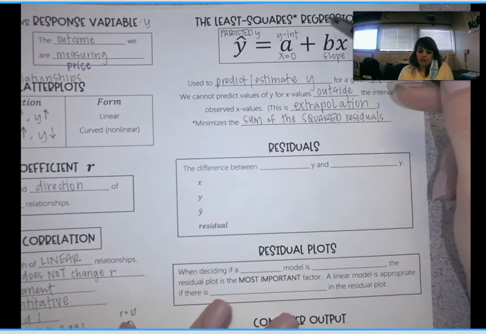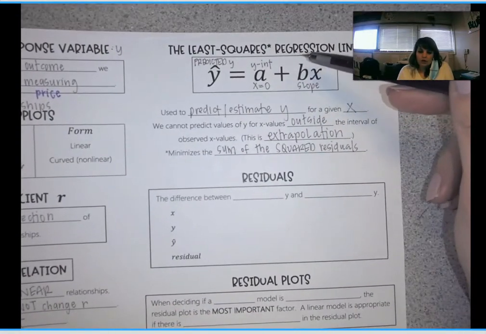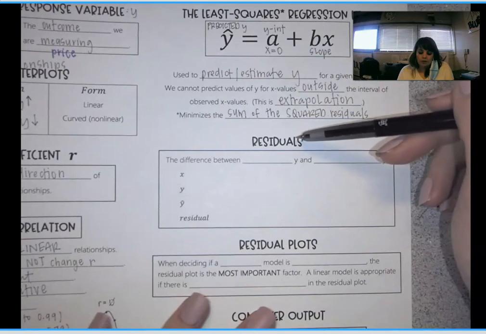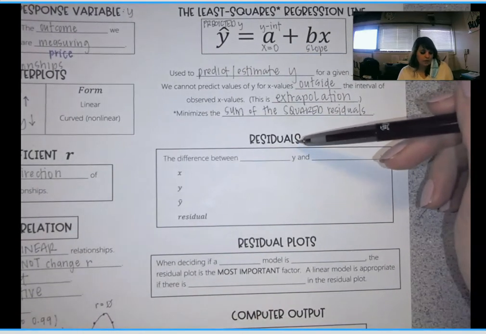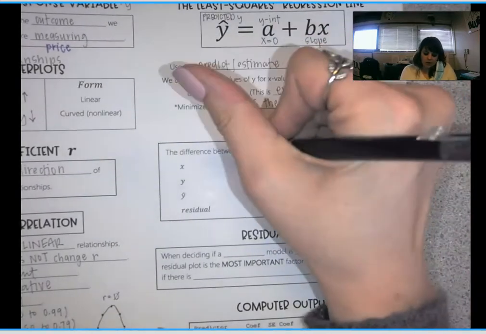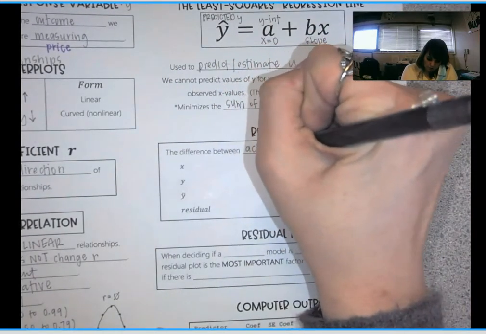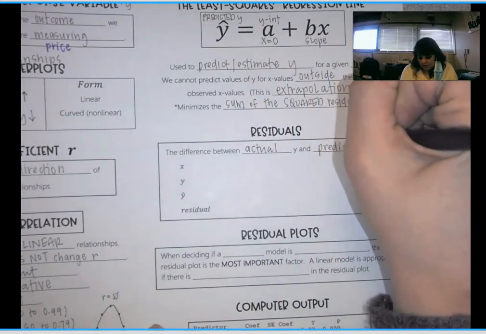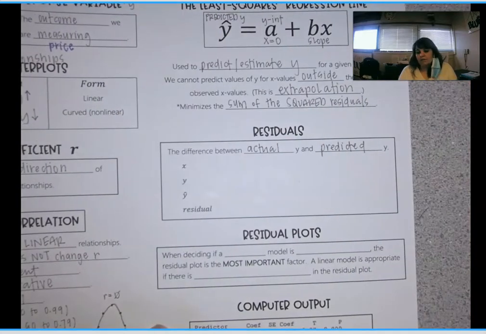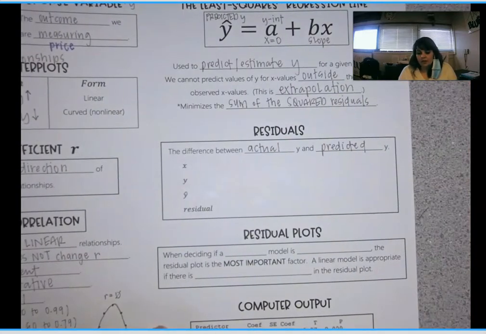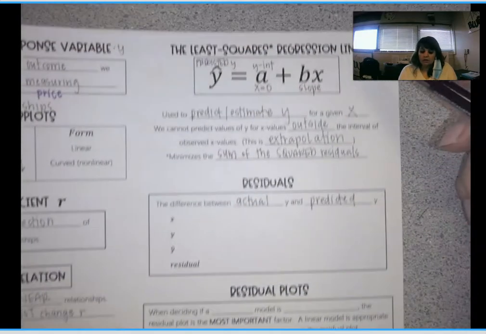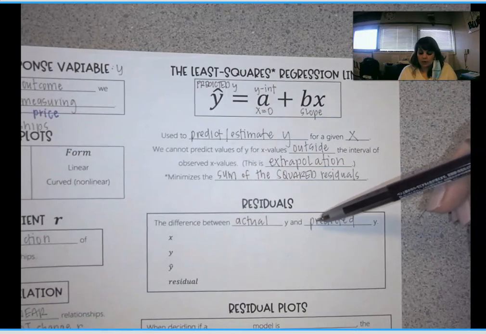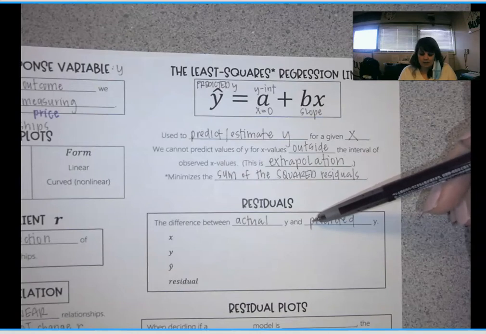Okay, we have our regression line. Once we start making predictions, we can talk about residuals. Residuals are the difference between your actual Y and your predicted Y. The least squares regression line is going to minimize that average difference.